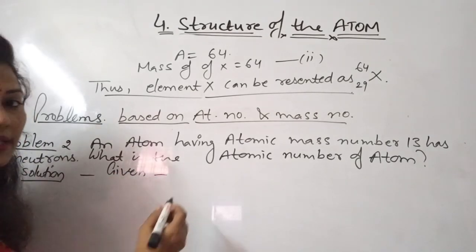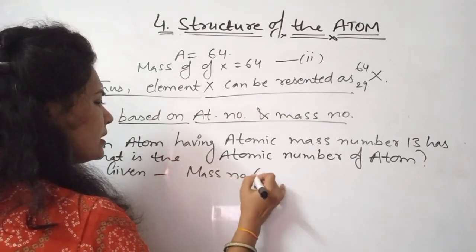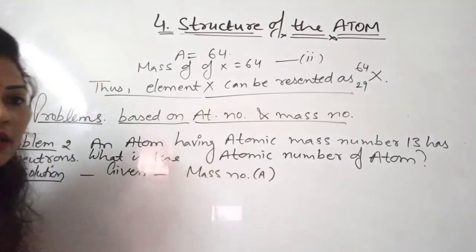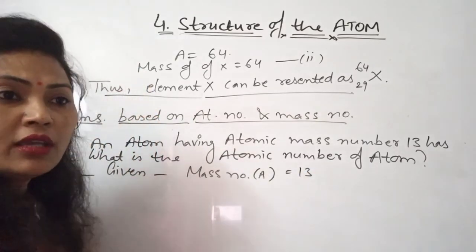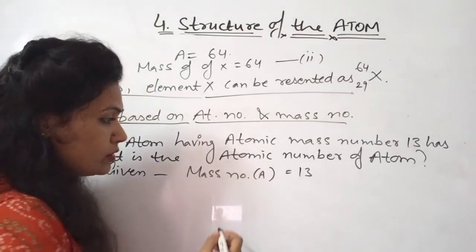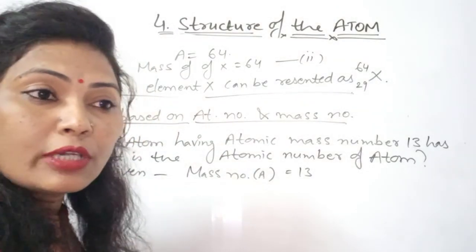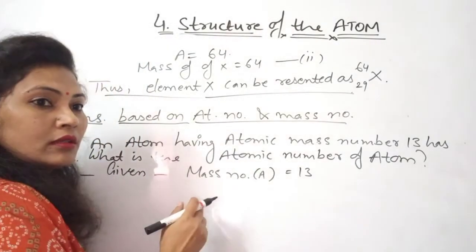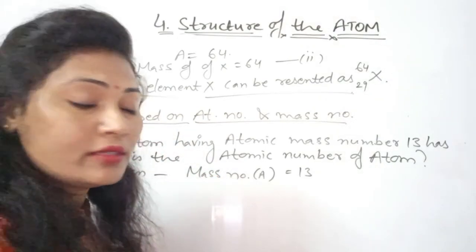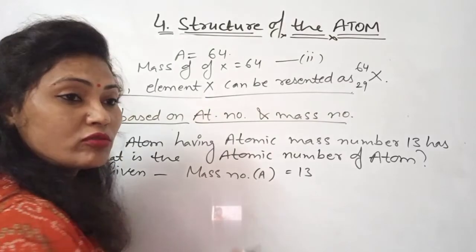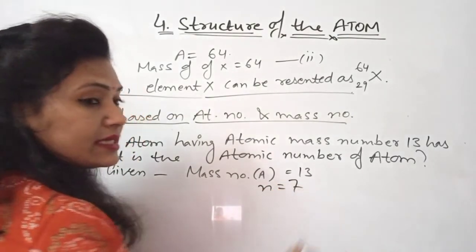Actually the mass number is given. The mass number, denoted by A, equals 13. And the number of neutrons, denoted by N, equals 7.